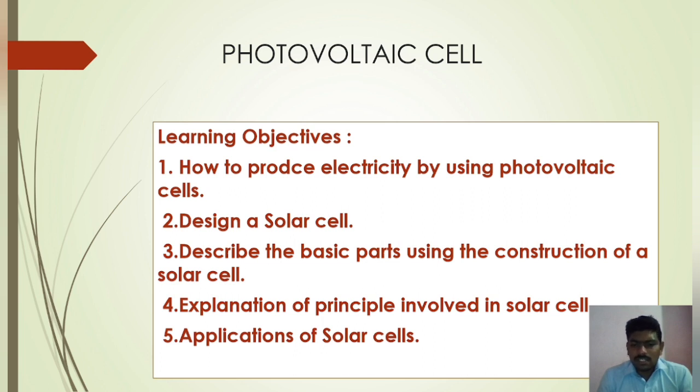In every concept, there is some principle involved. We discuss the principle behind the photovoltaic cell, and lastly the applications of the solar cell, where it is used and what its advantages are.